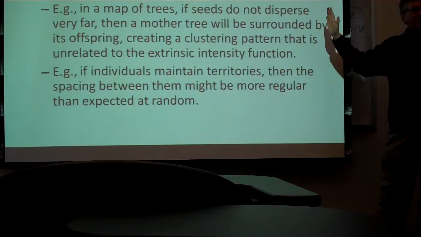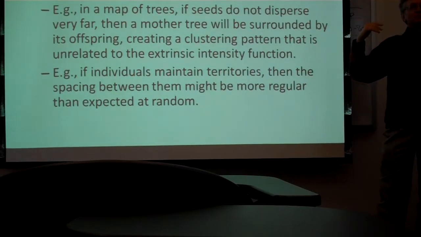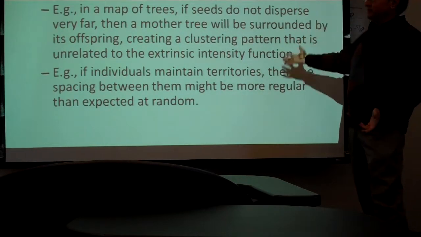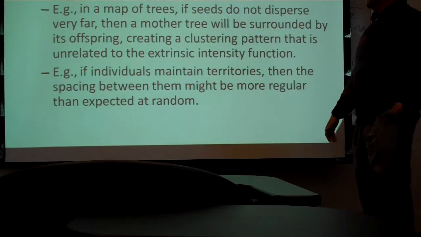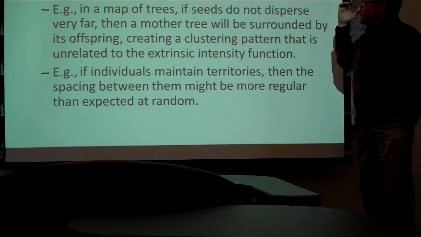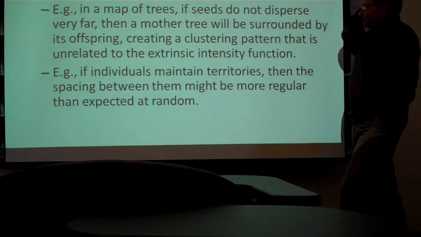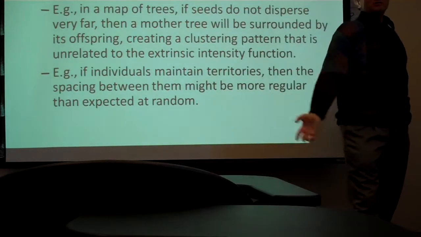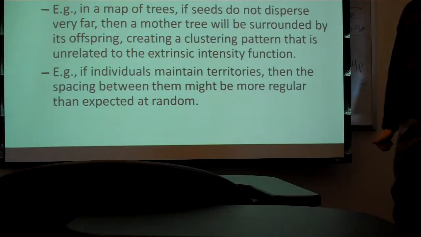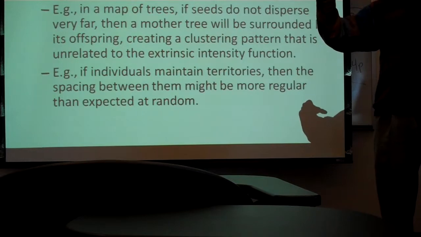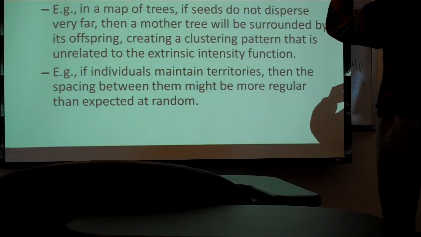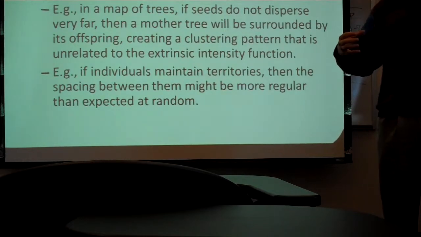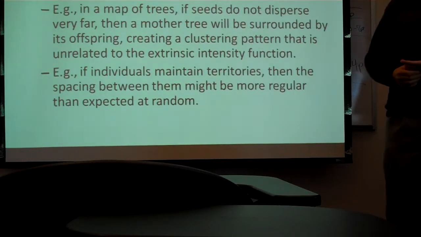Often that's going to be violated, if we think about whatever the process is that's actually generating these events. For example, in trees, if seeds don't disperse very far, then the parent tree is going to tend to be surrounded by its offspring, so the location of a young tree is dependent on the location of older trees.